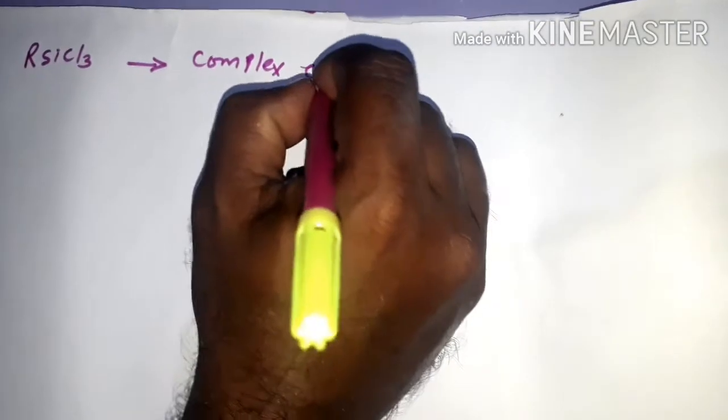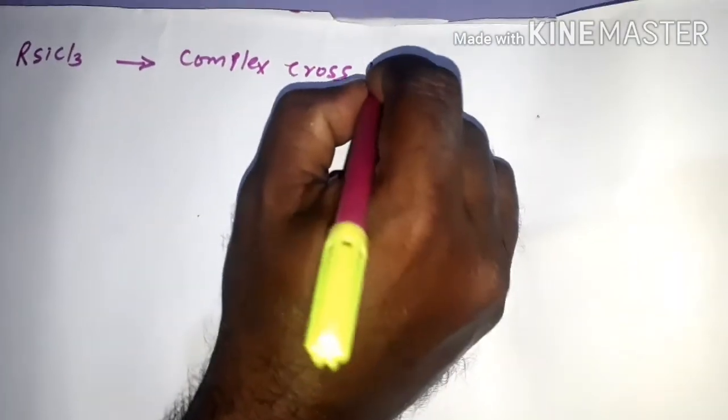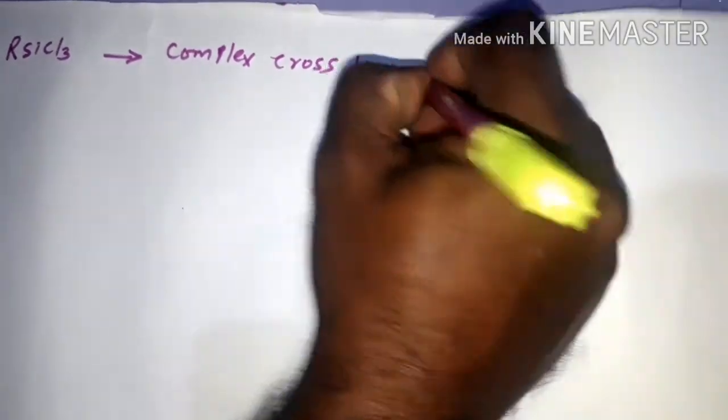So during the preparation, what happened? Actually the monoalkyl, that is RSiCl3, monoalkyl trichlorosilane, yields a very complex cross-linked polymer.